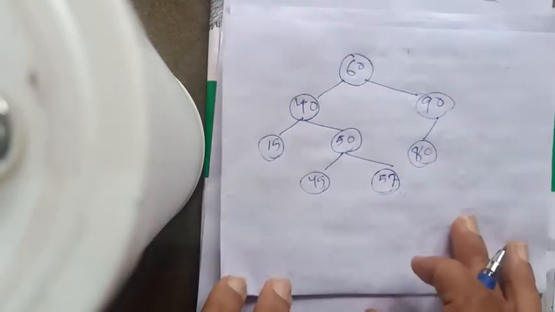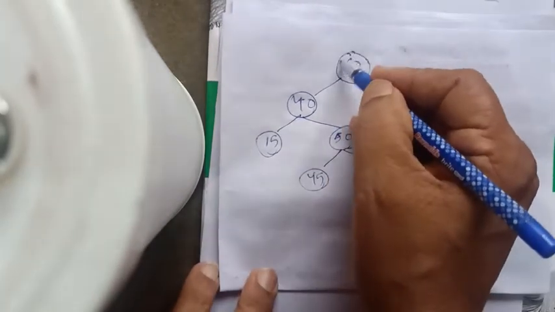Let's just assume this is a binary search tree and this one is the root.